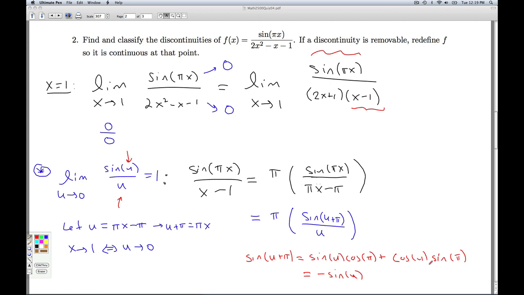The sine of pi is 0, so that whole factor zeroes out. So what do I get? This is equal to negative sine of u. So I'll put the negative out with the pi, so I get negative pi sine of u over u. So what's this mean?